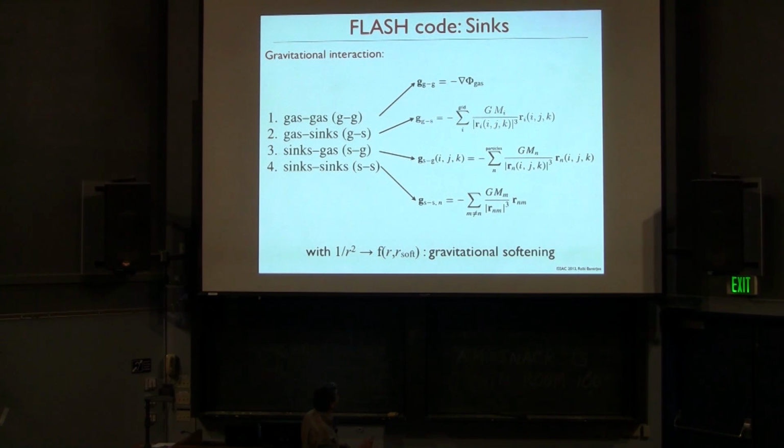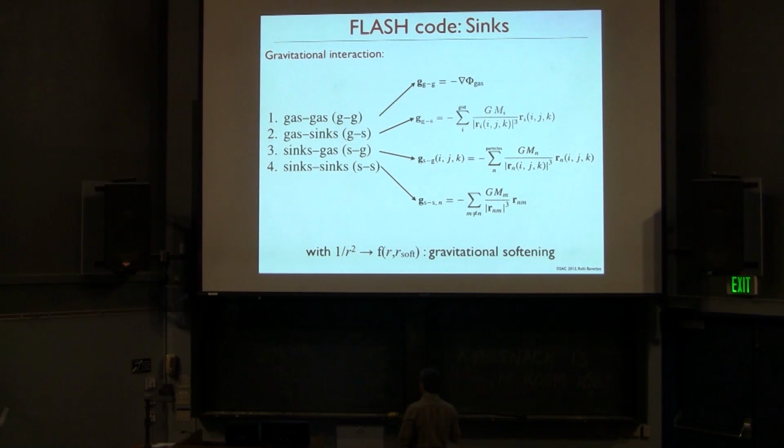And this is done with essentially a direct summation, because we have to walk through the grid anyway, dealing with the particles. So this is not very expensive. And of course, the particles have a feedback on the grid gravitationally. This is also done by a direct summation here. And of course, the particles interact with themselves. This is done in a similar way.